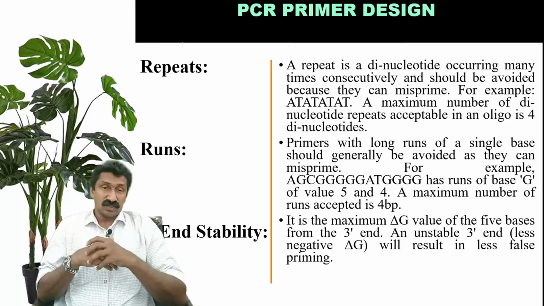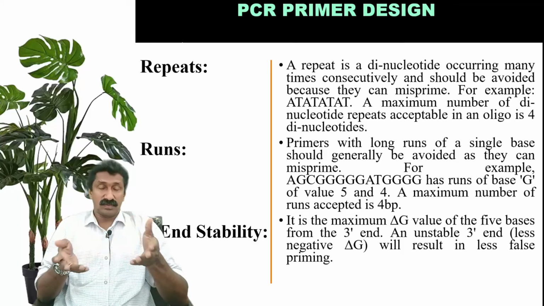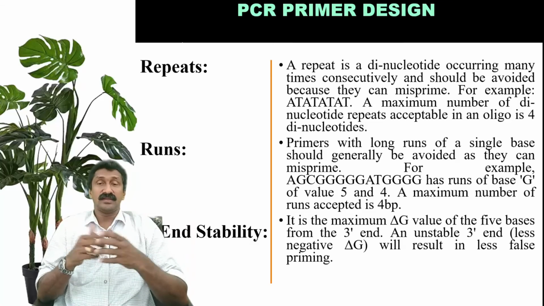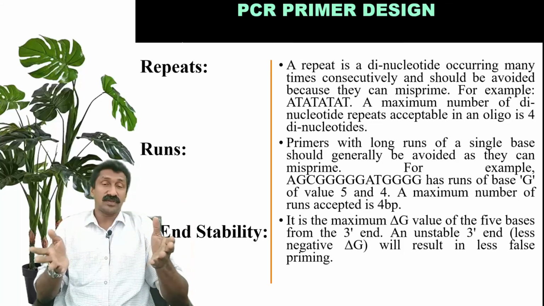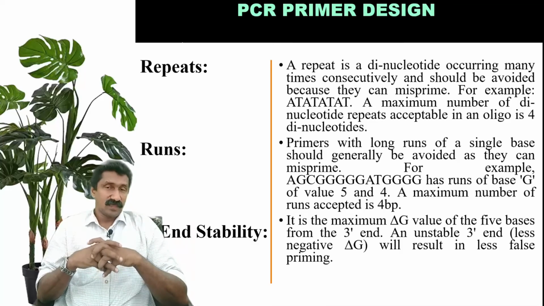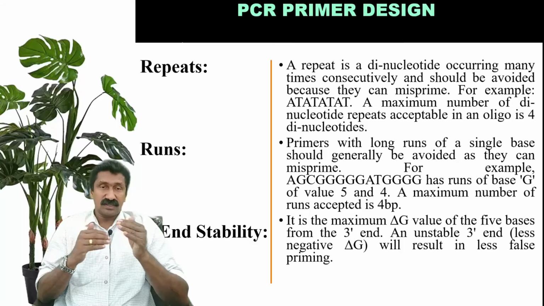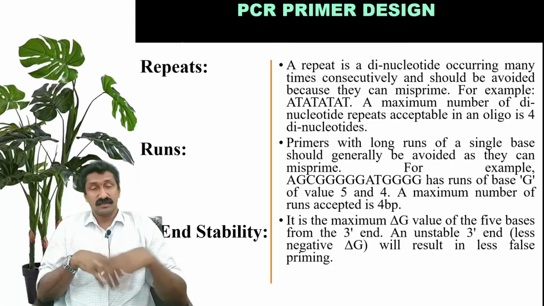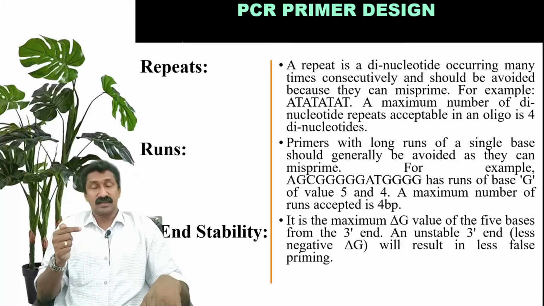That will be the optimal one. If it is too low, it will not bind strongly, and if it is too high, the binding will be so strong that it will be quite difficult for the primer to detach. So about 3 GC pairs should be there. That is about the stability of a 3' end.